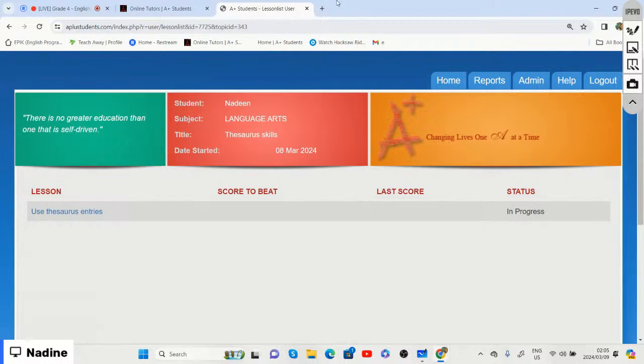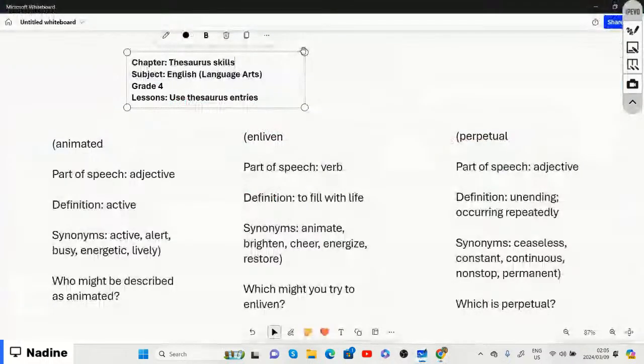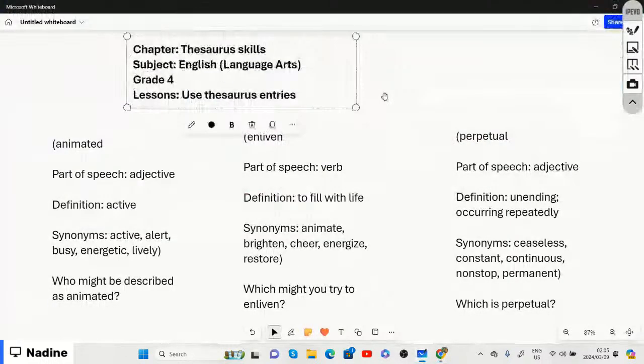Our chapter is thesaurus skills. Our subject is English language arts, grade 4.